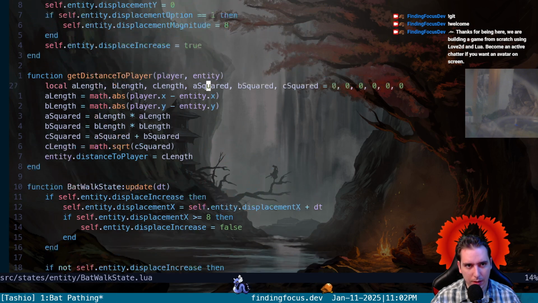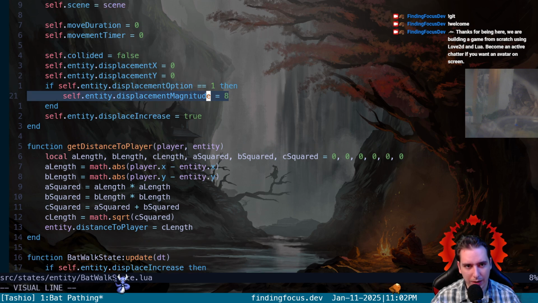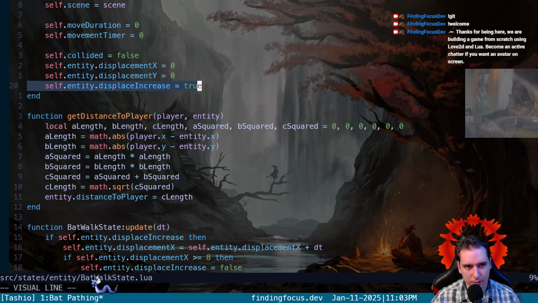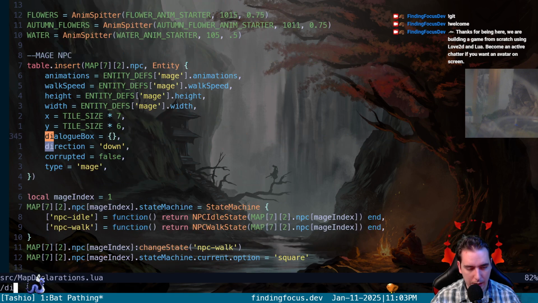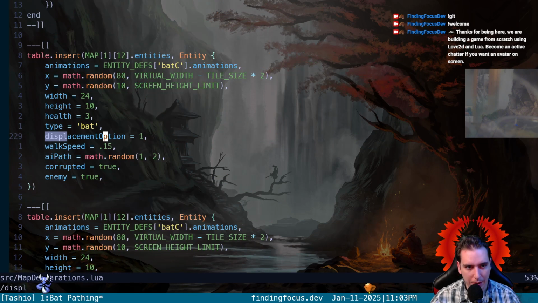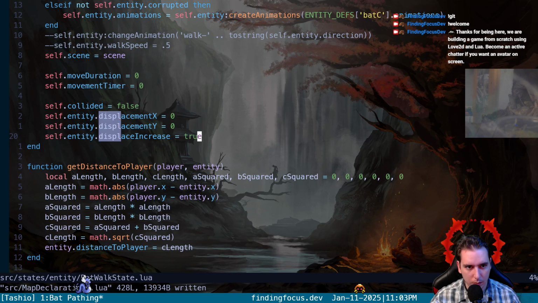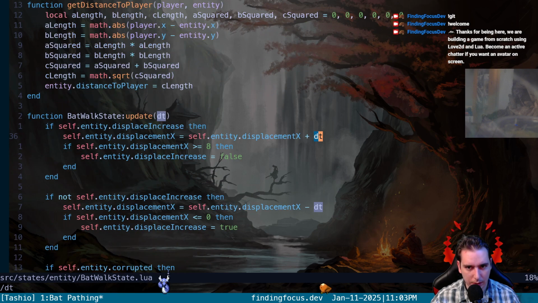But why can we not, instead of the option, give the magnitude here? Let's say that we just define in our map declarations not a displace option, but the magnitude here. For now let's just put up to 5 because it'll be faster, and then instead of delta time, we'll do delta time times 2.